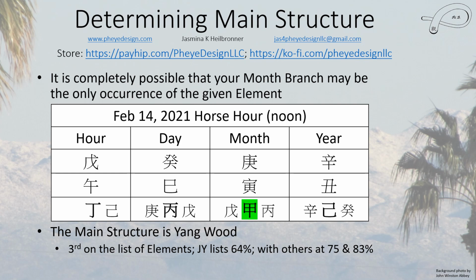And if you do this on Joey Yap's site, it will list the yang wood at 64%, which is still higher than average, but not a lot higher. And there are others that are 75 and 83%. I'm assuming that they will be the yin earth, which we have 3 here, or the yang earth, which we have 3. And it's probably the yang earth that's the high one. So you can just stick this date in if you want to see if I'm correct. I don't remember the details, but just by looking at that, that's what I think it should be.